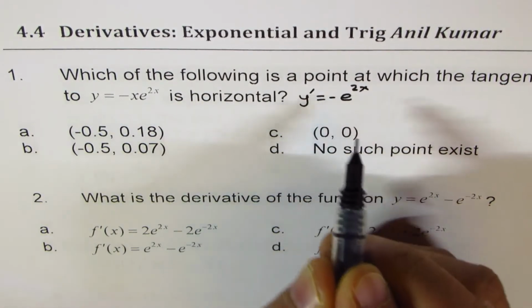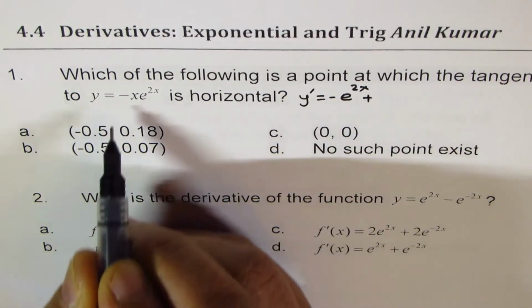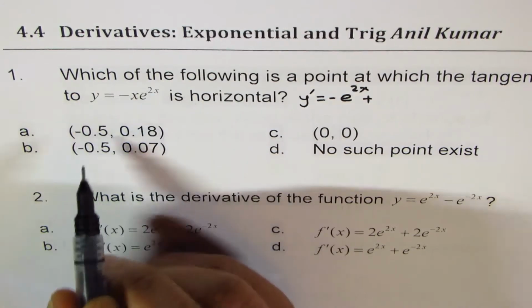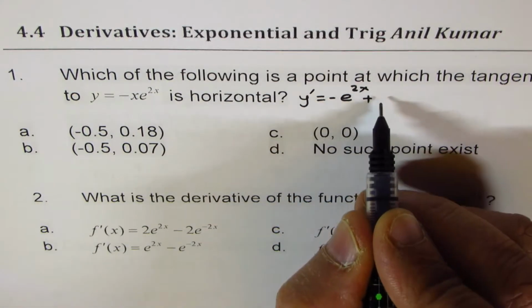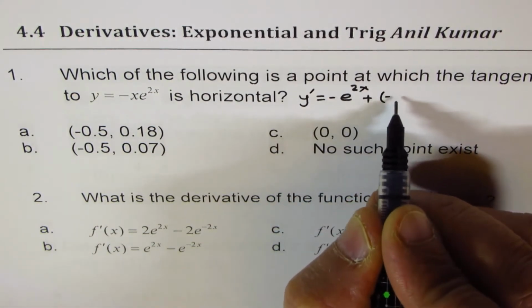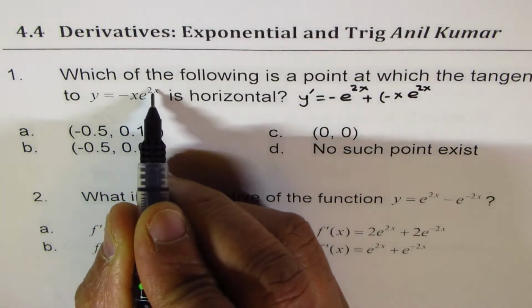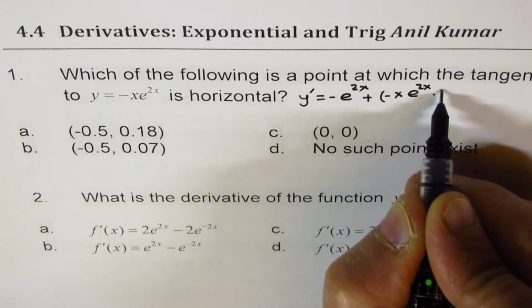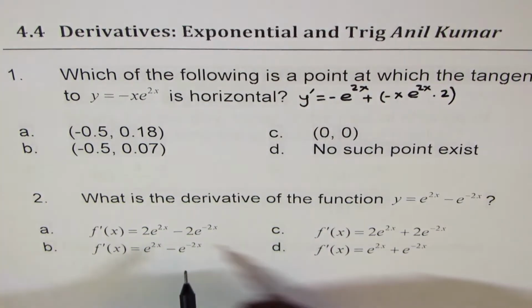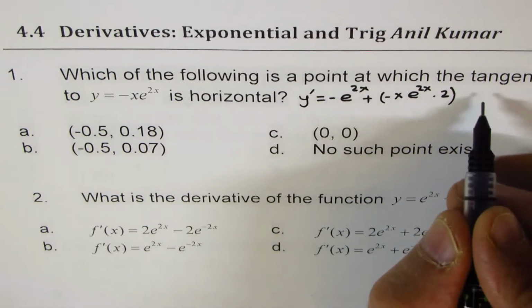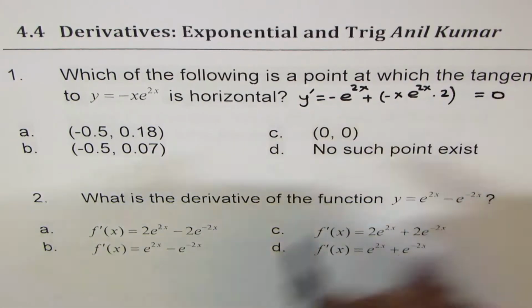with a negative sign, plus the derivative of e to the power of 2x, which is e to the power of 2x times 2, the derivative of the exponent, times minus x. Now for the horizontal tangent, this derivative should be equal to 0.